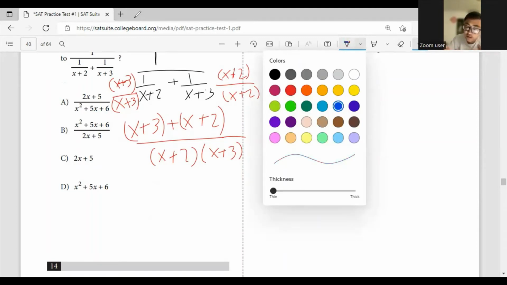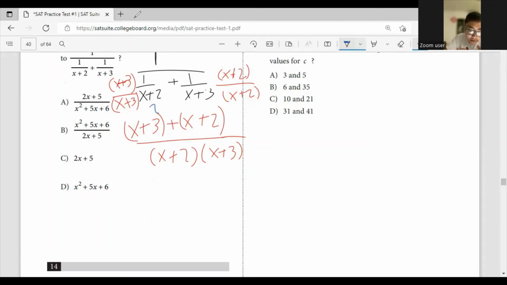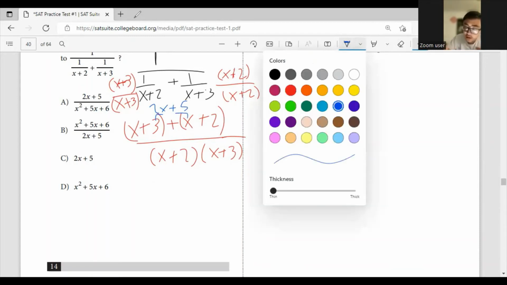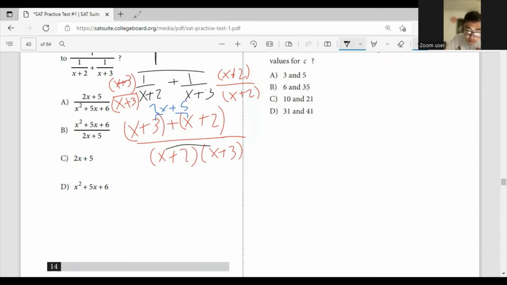So now this is 2x plus 5 over x plus 2 times x plus 3. Seems like I'm going to have to FOIL that. Look at my answer choices. So x squared plus 2x plus 3x plus 6. And this is combined as x squared plus 5x plus 6.